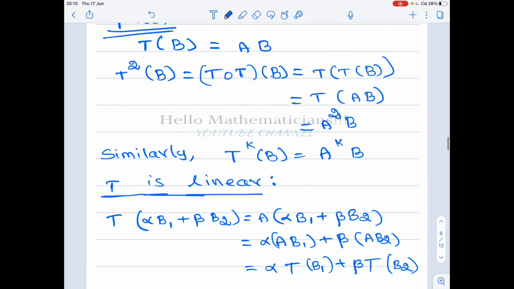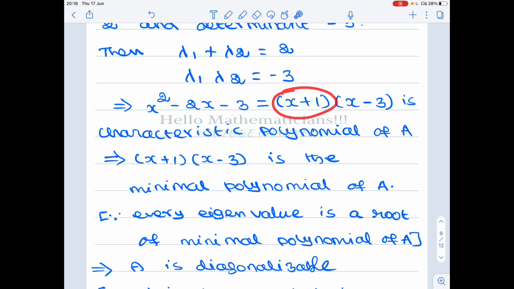So by using that, if this is the characteristic polynomial of the given matrix A, then minus 1 is a root and 3 is a root. By the result I just told you, minus 1 also has to be a root of the minimal polynomial.